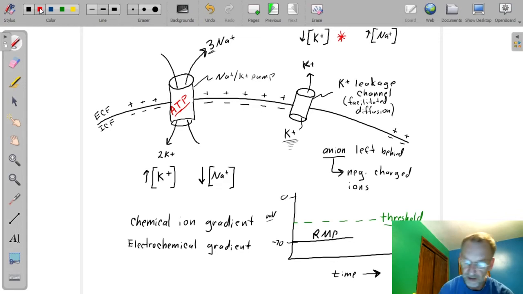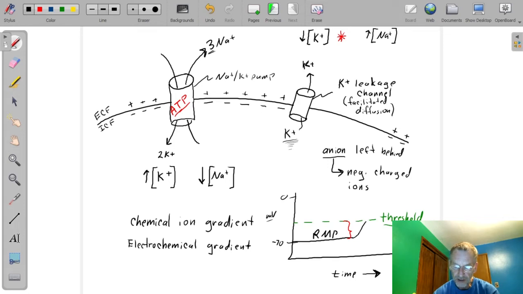And for the cell to become active, it has to depolarize up to threshold. And you remember that from earlier. And once that membrane depolarizes to threshold, here it's going up, it's less negative, it's less polarized.